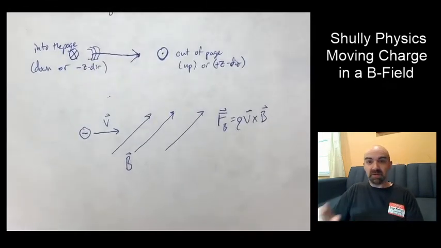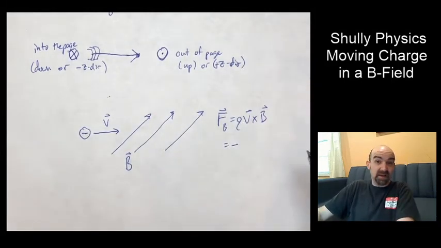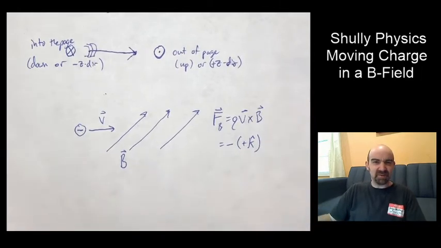However, this is an electron. So with this Q, there's going to be a negative aspect to a positive k hat. The k hat is referring to the positive Z direction. I is for the X direction, j is for the Y direction, and k is for the Z direction.